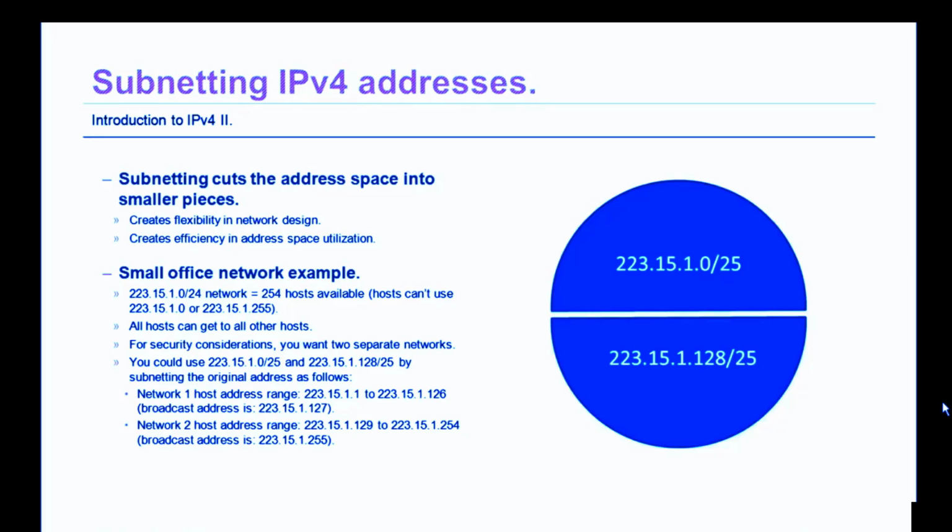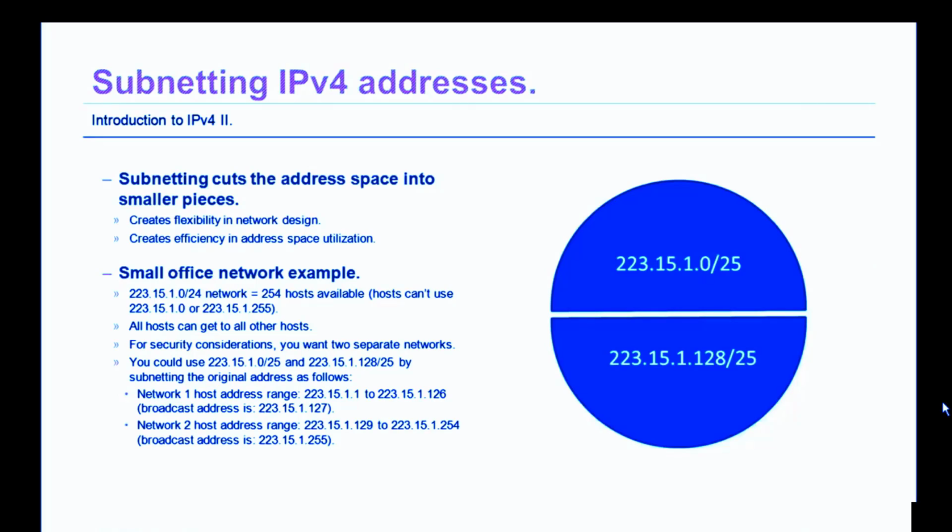Well, because you can't use the network address, which is 223.15.1.0, and you can't use the broadcast address, which is 223.15.1.127. The second address range that would be created through this subnetting process would give us a host range of 223.15.1.129 up through 223.15.1.254.